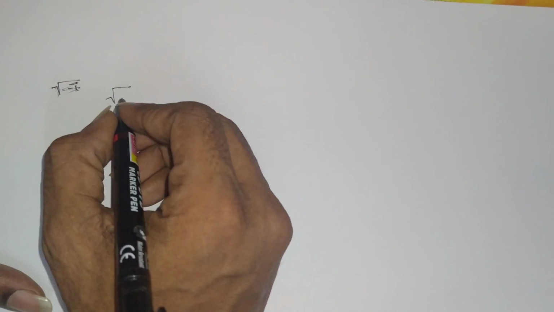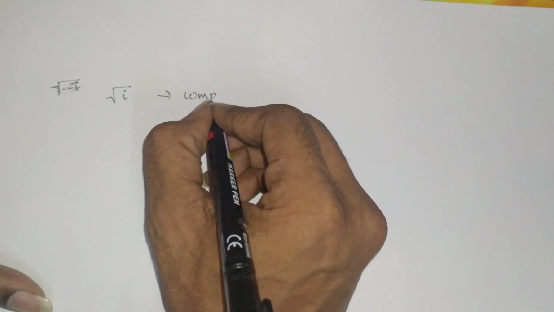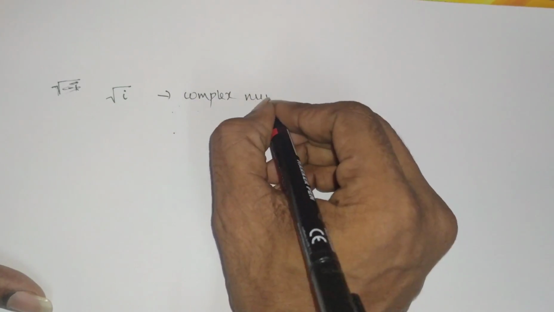So now root of minus 1 is i, and we have to solve for root of i, which is apparently a complex number. As already said, the root of any imaginary term is going to be a complex term.